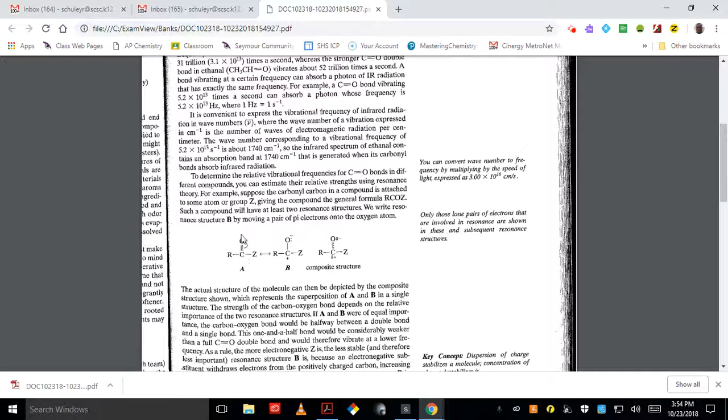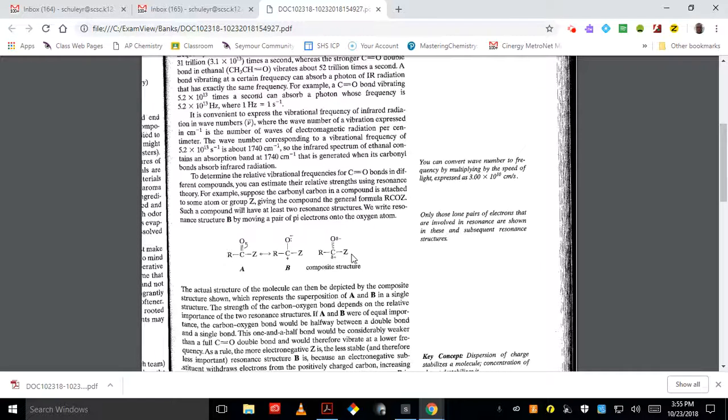So the basic resonance structure that you can draw for every one of these is going to be to move a pair of electrons up from the carbon to the oxygen and put a negative charge up here and leave a positive charge on this C. Then the question is, whatever this Z group is over here, will it be able to make some resonance structures, or are there features here that are going to make this pull electron density away from this?